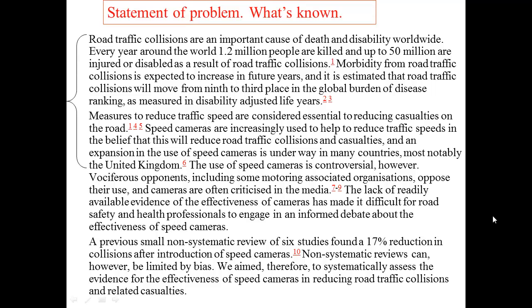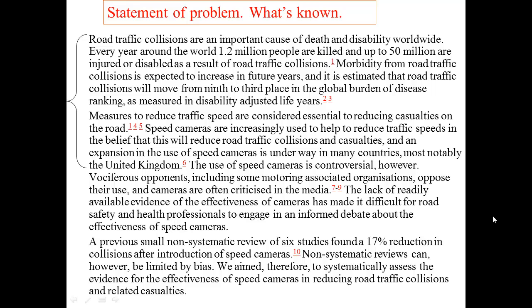So we get a kind of a statement of the problem and the what's known. So they give you a little background about traffic collisions on the road are an important source of mortality and morbidity worldwide. Little kind of background information. And then they get into the specific question of interest here. So measures to reduce traffic speed are important because we know that if you can get people to drive more slowly, that you will reduce the number of deaths, road traffic fatalities.